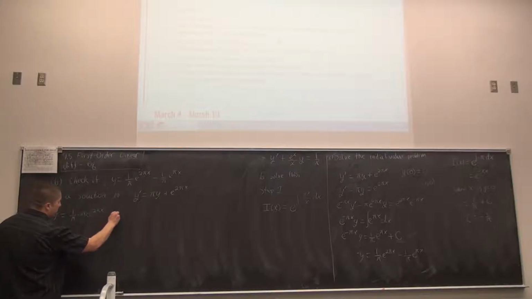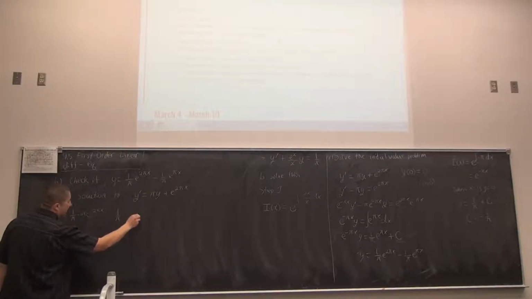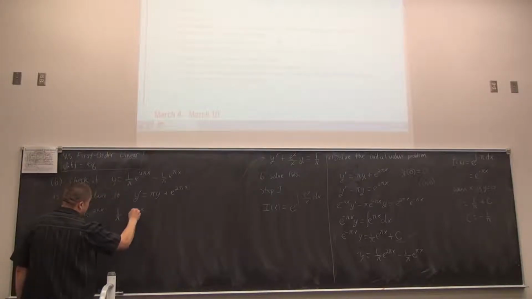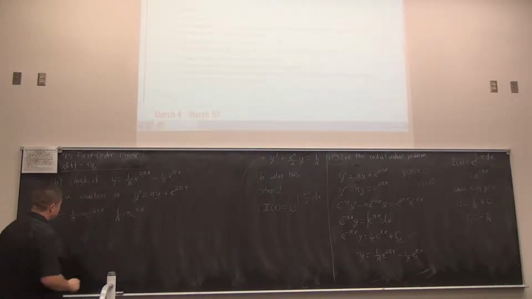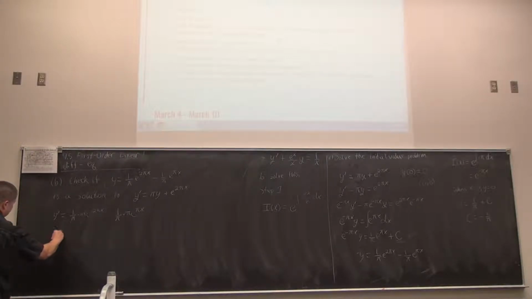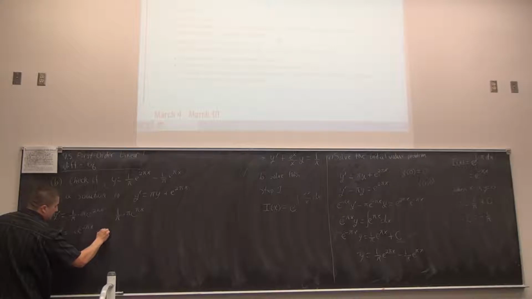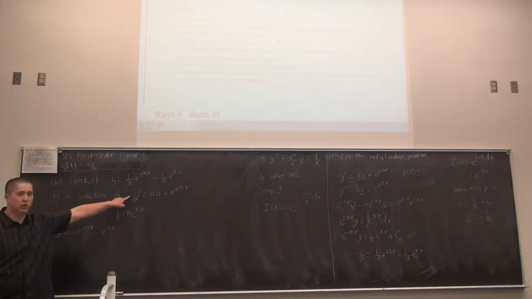So we'll have minus 1 over pi multiplied by the derivative of e to the pi x, which is itself, times pi through the chain rule. So that's the derivative. Once we simplify this, we have that y prime would be 2 e to the 2 pi x. Cancellation here to here would be minus e to the pi x. So that's the left-hand side of this equation.